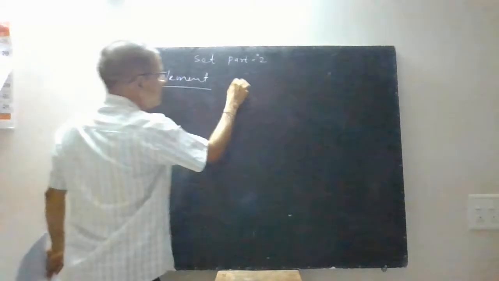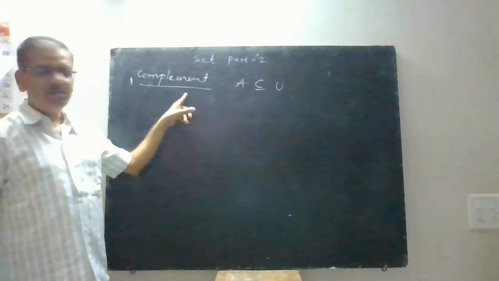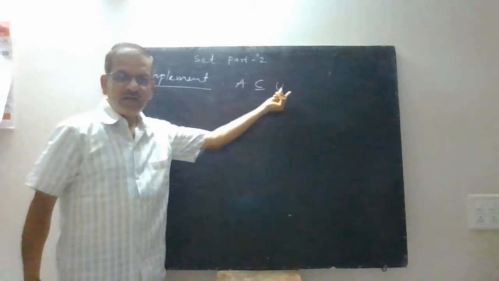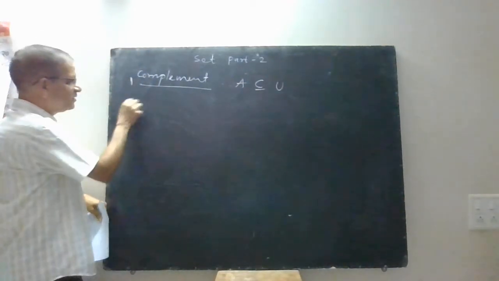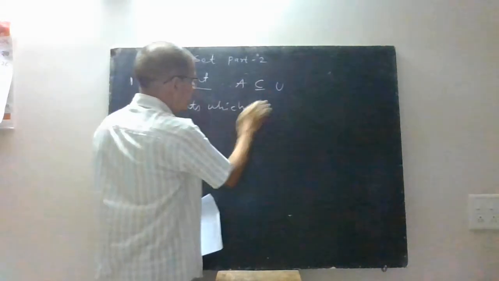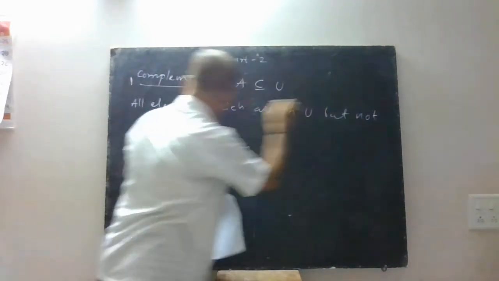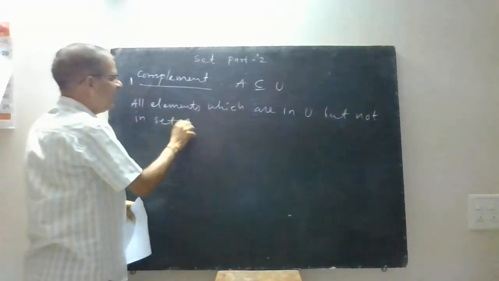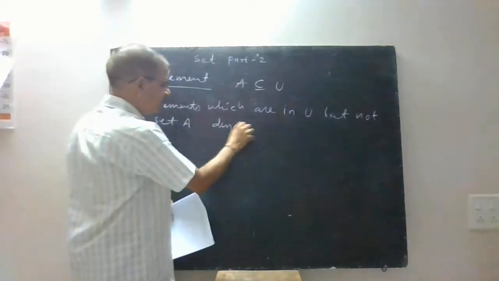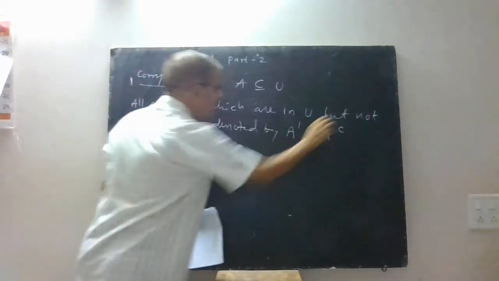Now simply, if A is a subset of a universal set U, the condition is that you cannot write a complement without having a universal set. So you have a set which is a subset of a universal set, then all elements which are in U but not in set A are called the complement of set A, and it is denoted by A dash or A complement.